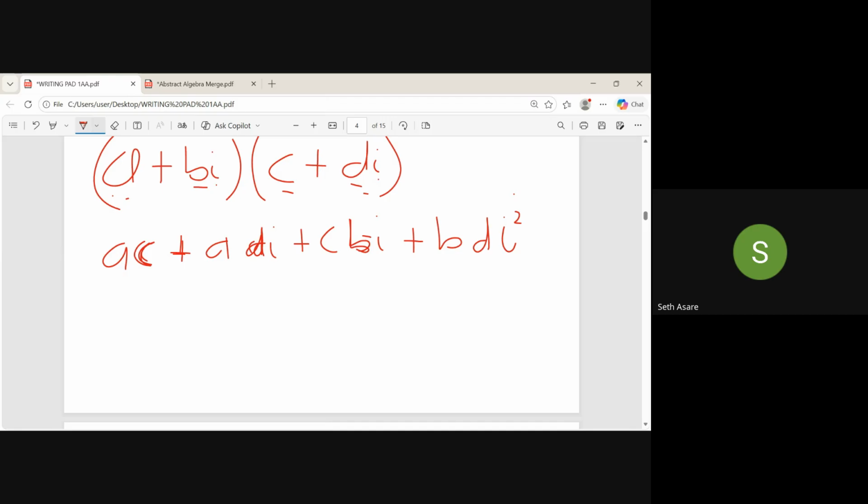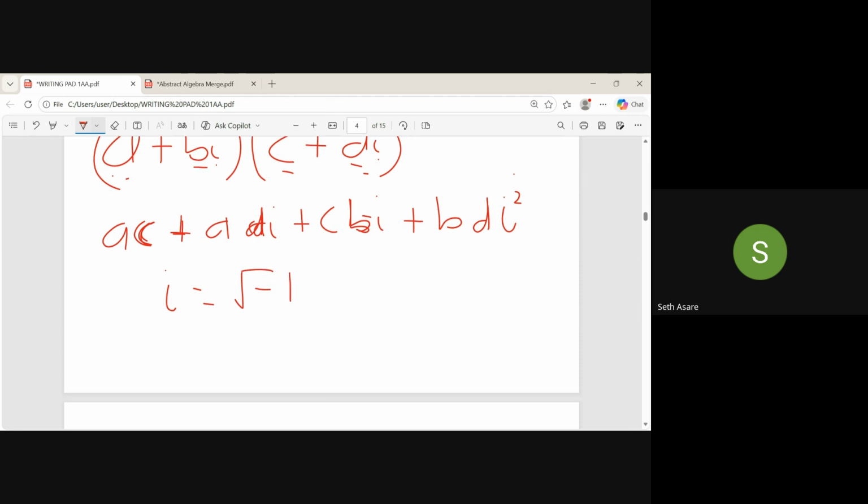All right. Now let's look at something. We have said somewhere that I is equal to the square root of -1. So what will be I square? I square will be -1. So if this one here is going to be -1, then the -1 is going to affect this one, right?